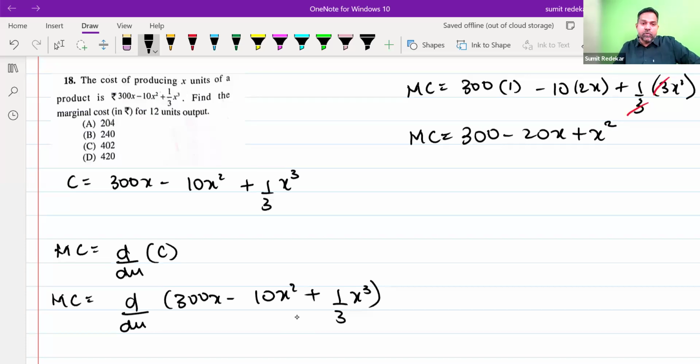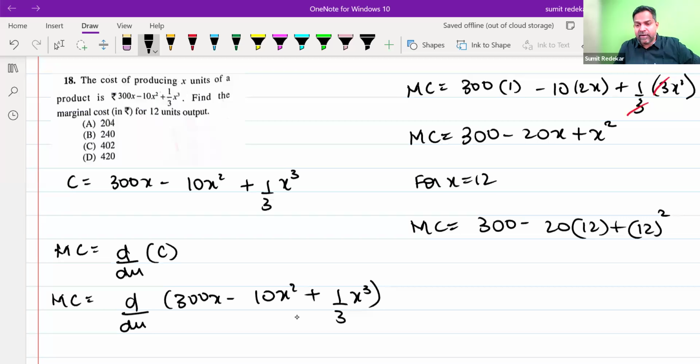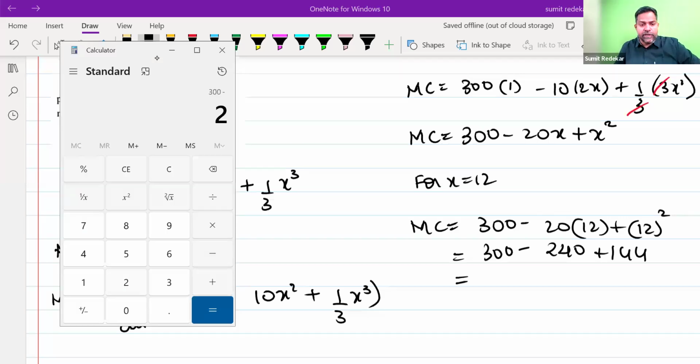But now they're asking you the marginal cost for 12 units. So I'm going to say for x equals 12, marginal cost is 300 minus 20 into 12 plus 12 square. This is 300 minus 12 2s are 24, so 240, plus 144, which is 300 minus 240 plus 144.